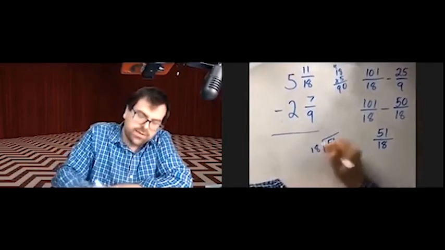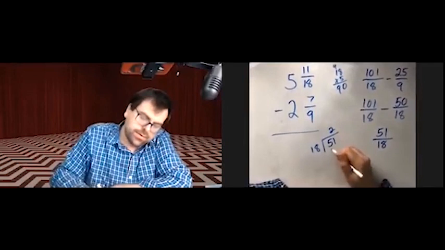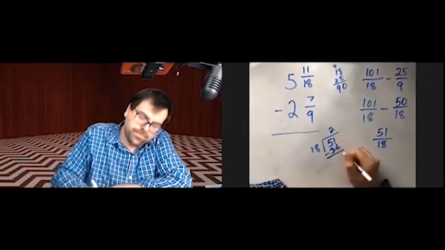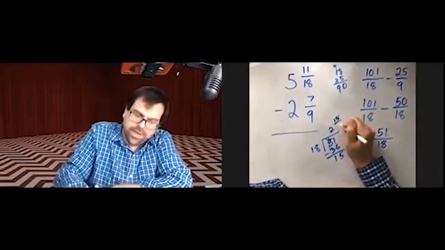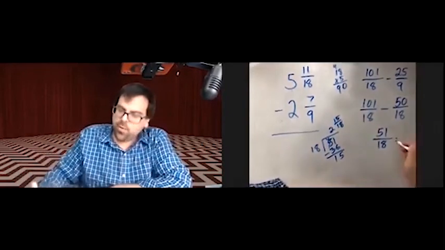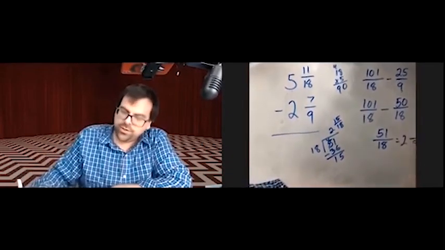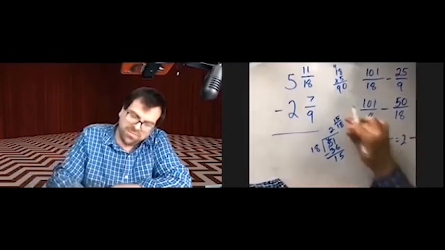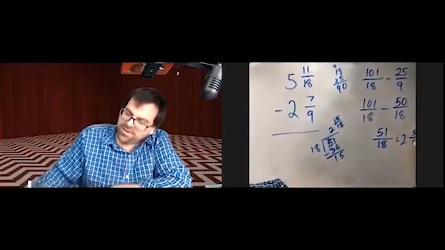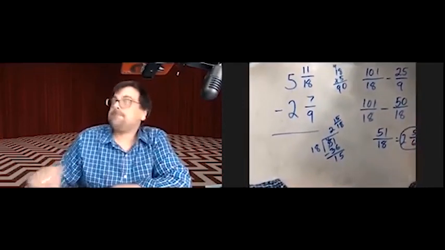And if we divide, two and 15/18, which reduces to 2. Divide both by 3, 2 and 5/6.